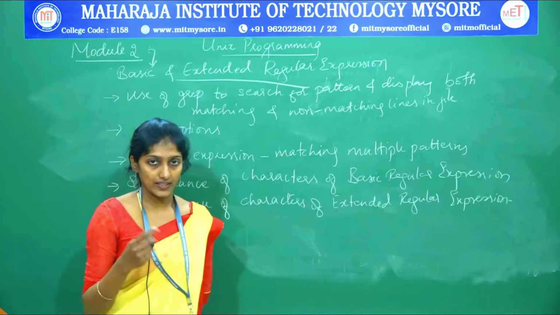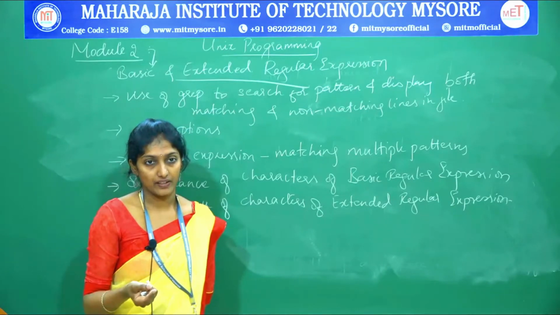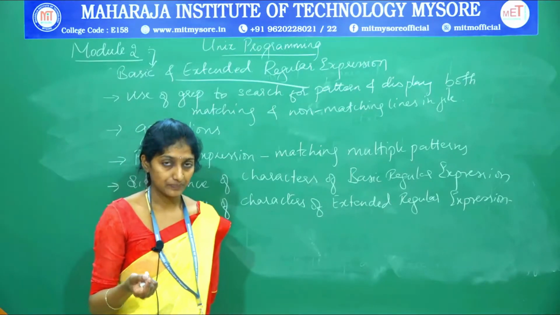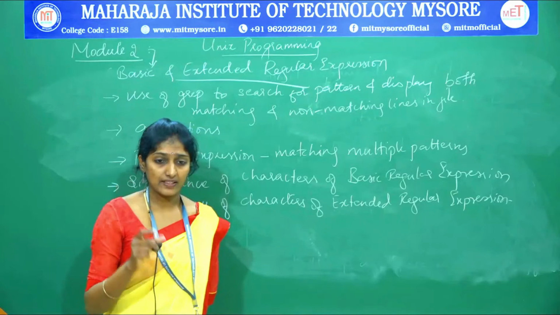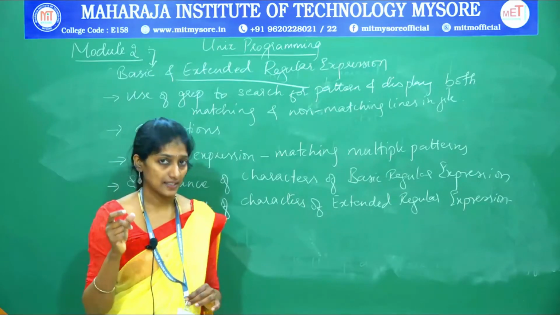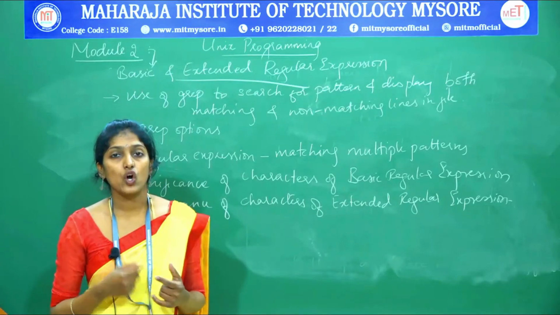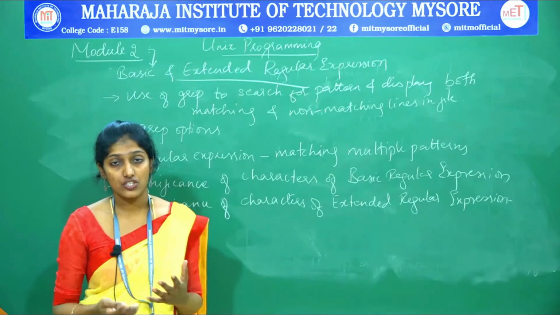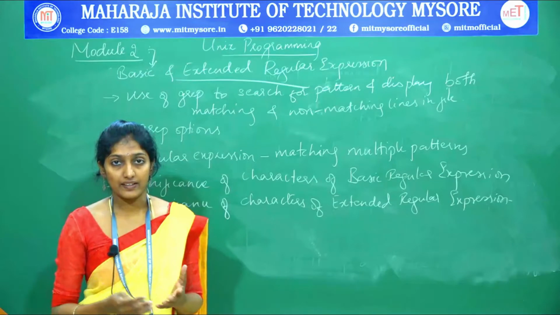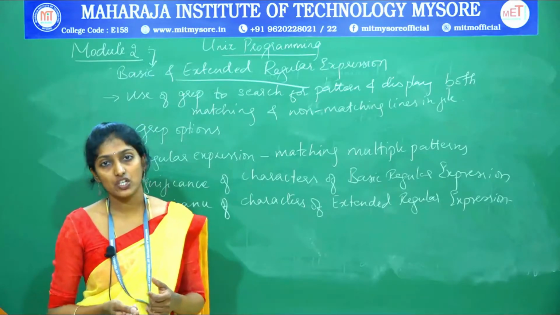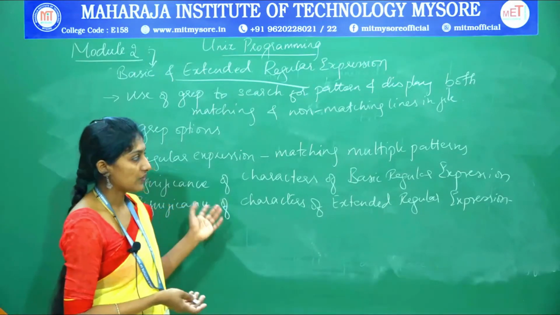For checking all these, and the count of that particular pattern, how many times it has been repeated, and whether the same pattern is available within other files in the Unix system, we will see how to search for that pattern by using the regular expression concept.